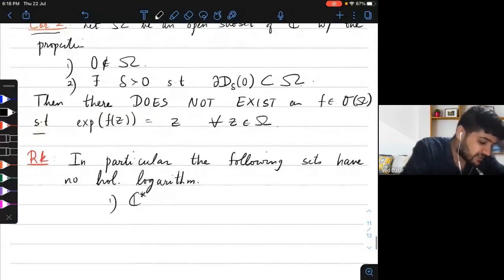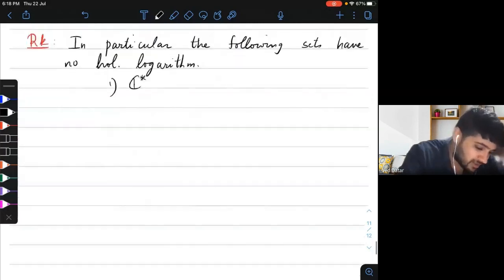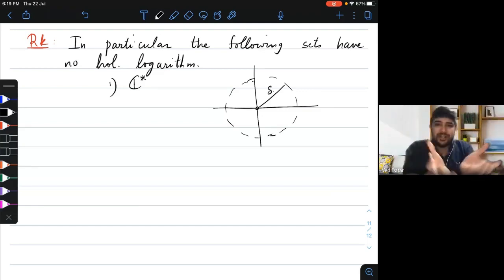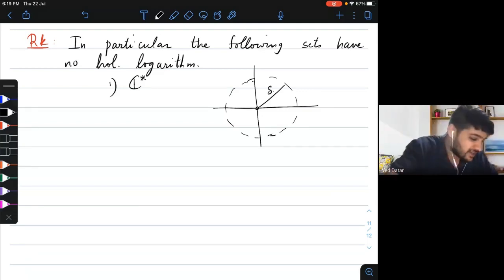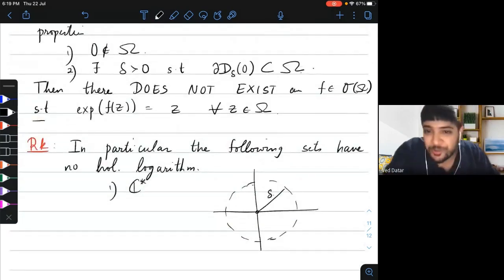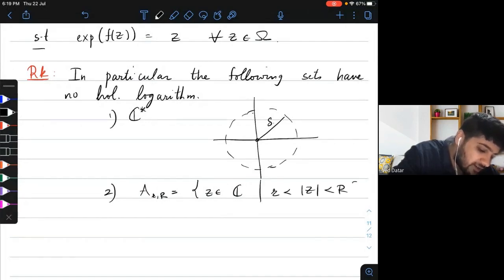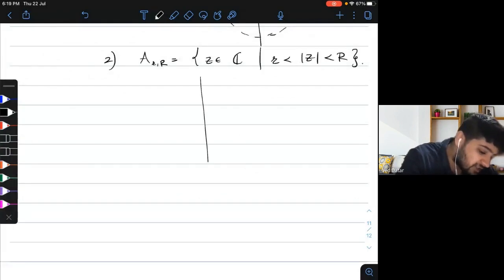But C star satisfies these two properties, right? For any radius delta, the corresponding circle is of course contained in C star. So it satisfies both these conditions, so there cannot be a holomorphic logarithm on it by this theorem. Secondly, you can also look at annuli, which are defined as the set of complex numbers such that the absolute value is between r and R. Okay, so these are sets of this form.